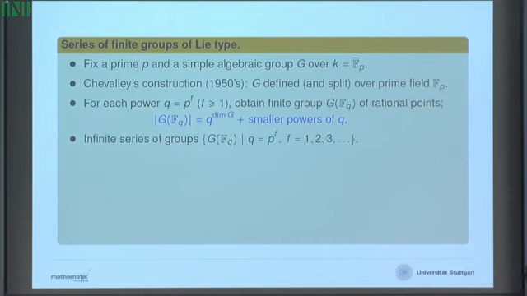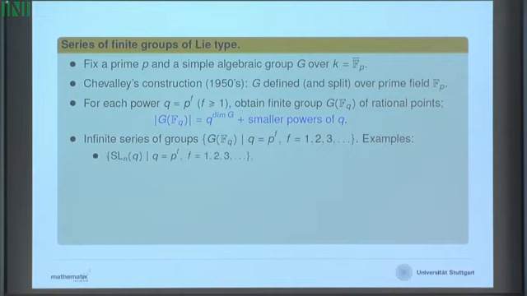So if we fix the prime but consider all powers of this prime, we get an infinite family of groups. This is the whole setup of this theory: you look at groups of the same type together, you collect them into infinite families, and you try to study these infinite families, of course, as uniformly as possible.